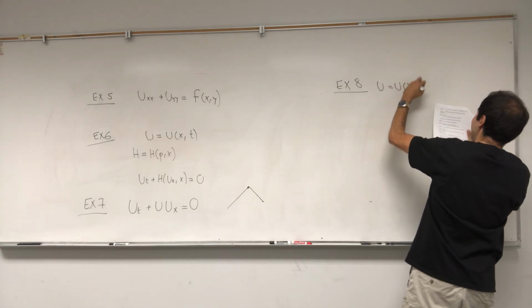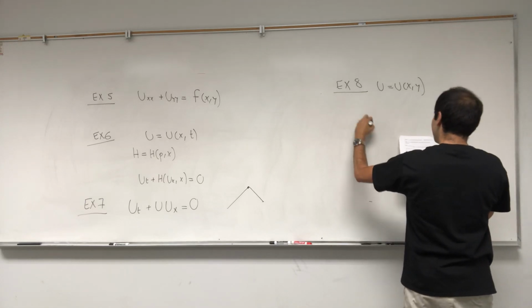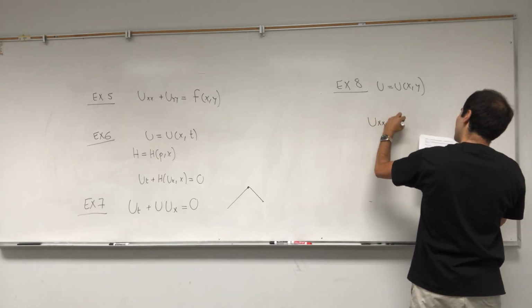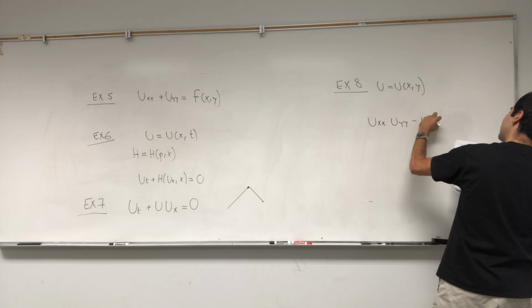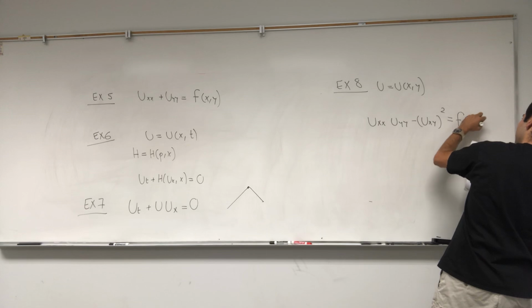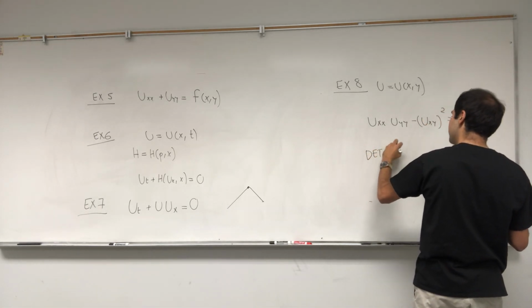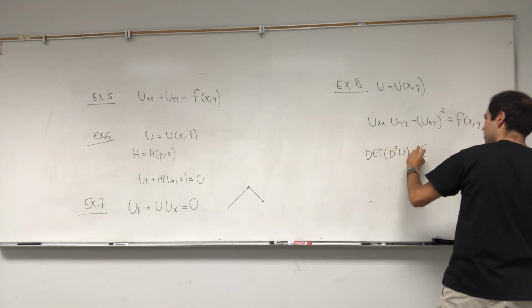a very good example of a very complicated PDE, which is u_xx u_yy minus u_xy squared equals f(x,y). Or in general, the determinant of the Hessian equals f.